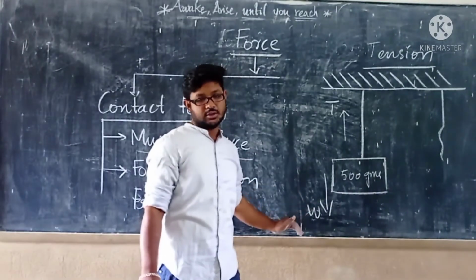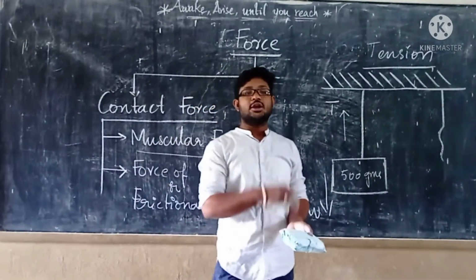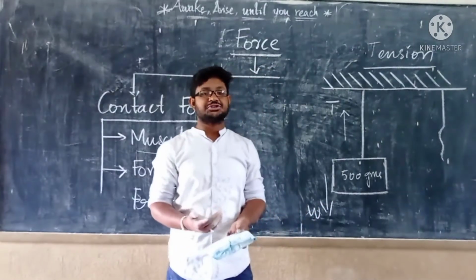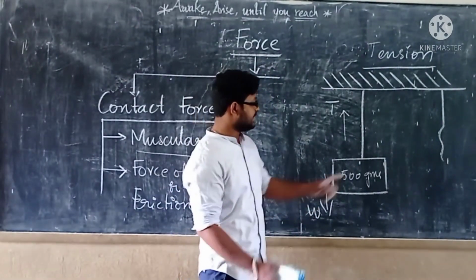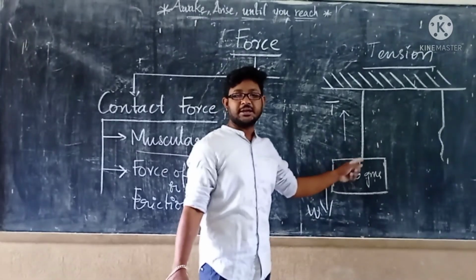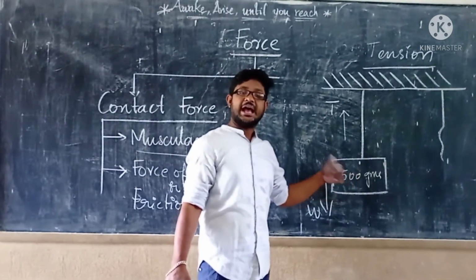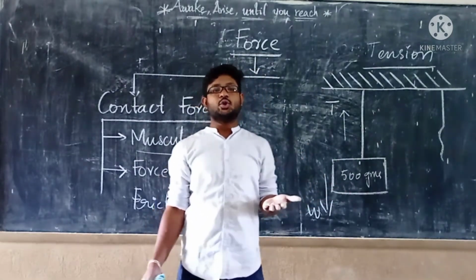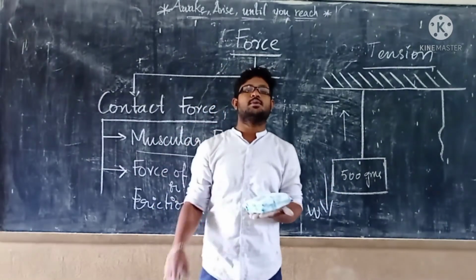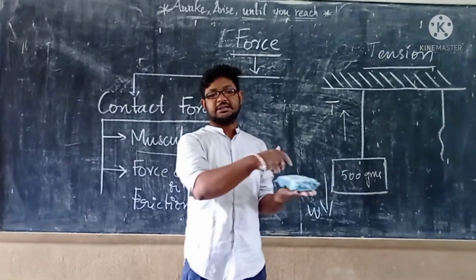And the weight is acting downwards. Even if you see in the normal force and the tension, there is a contact. There is a contact between the string and this weight. As well in the past cases, I told on a table we have kept a book, or in my hand the duster is there.